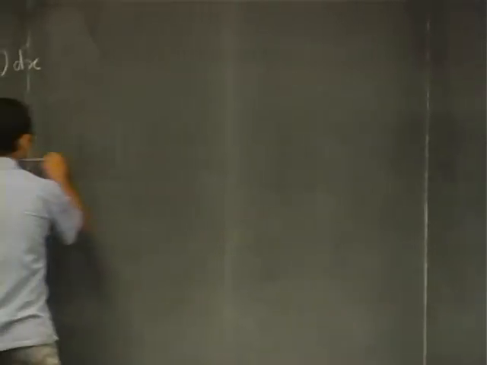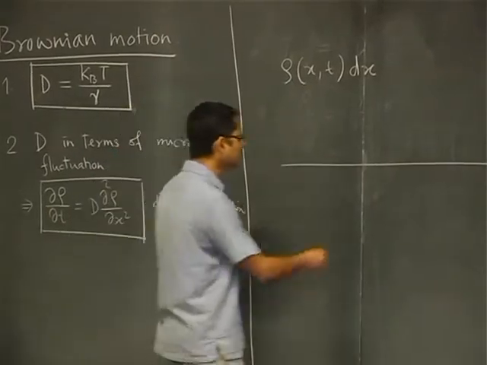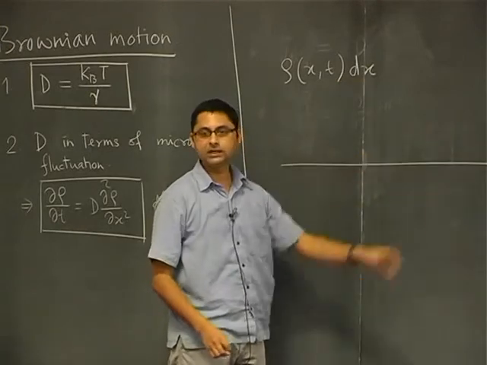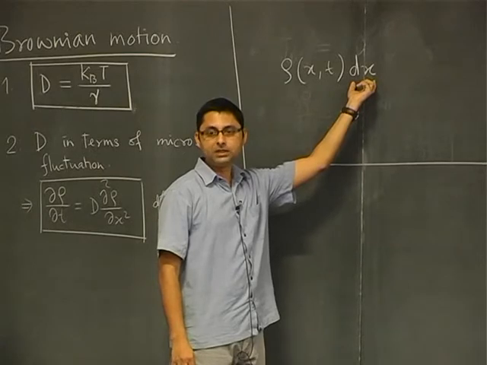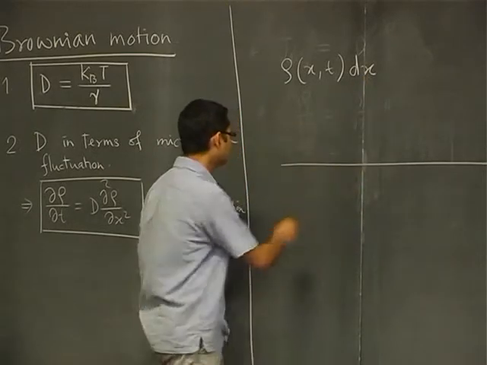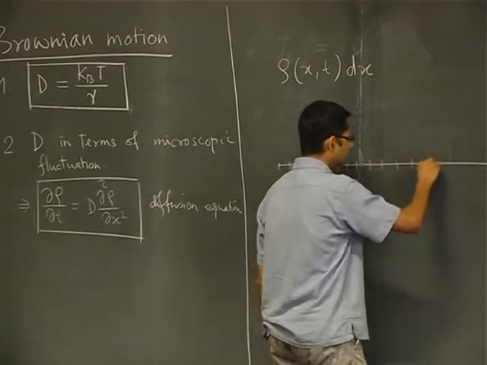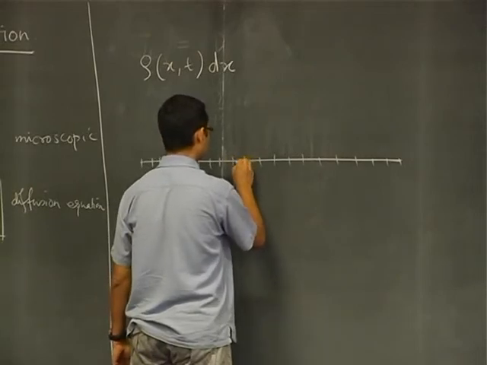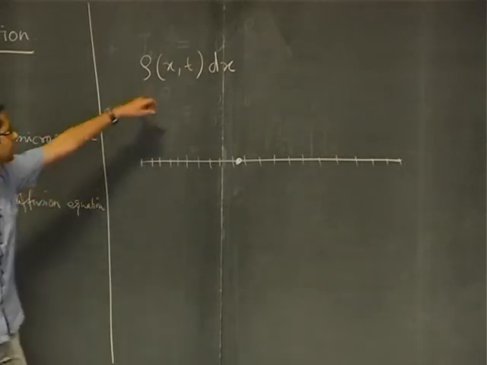Now imagine you are doing two experiments. Let's do the experiment again in one dimension, but you can do it in any dimension, right? Imagine that you have this one-dimensional line and you are binning it in delta x, right? You have bins, and let's say this is your origin somewhere here. How are you going to measure this quantity?